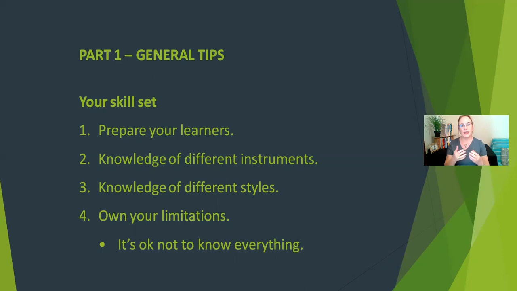Then the next thing that you need to have in your set of skills is a solid knowledge of different instruments. And I promise you, as you are going to develop as an examiner and get more experience, you're definitely going to learn a lot about different instruments. Then your knowledge of different styles, sorry.